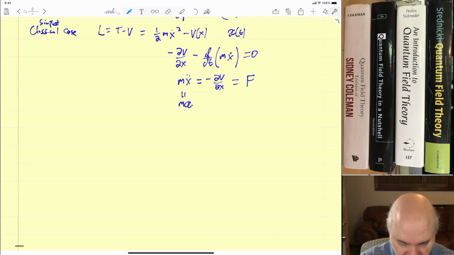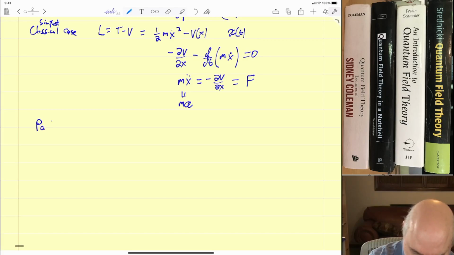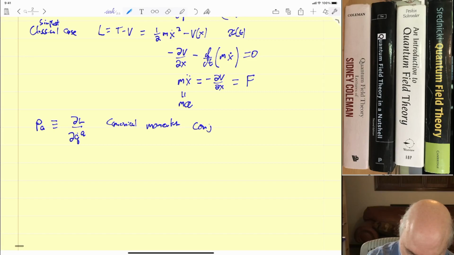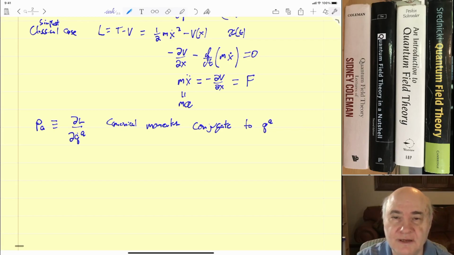Okay. In general, we define the canonical momentum as the partial of L with respect to q dot A. And do not assume that it's the same as what you're used to as the momentum.